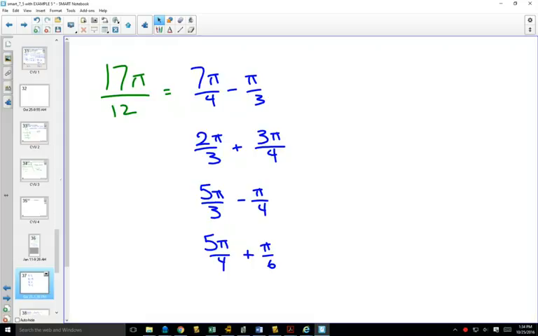Nope, that one won't work, because if you get a common denominator, then it won't add up to 17.